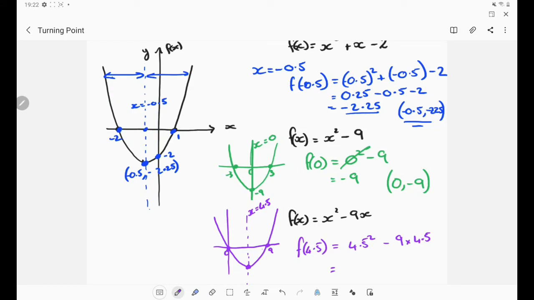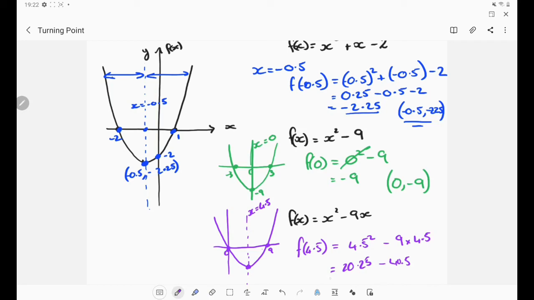So I just plugged that into my calculator and I got 20.25. And I'm plugging the second one in. 9 times 4.5 equals 40.5. Now you could have done this all in one go and that would have been absolutely fine.